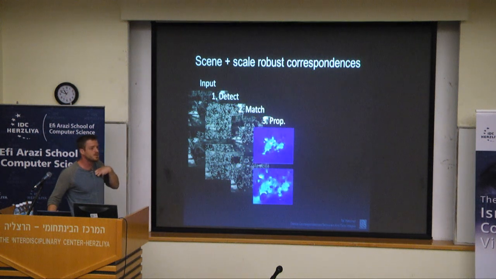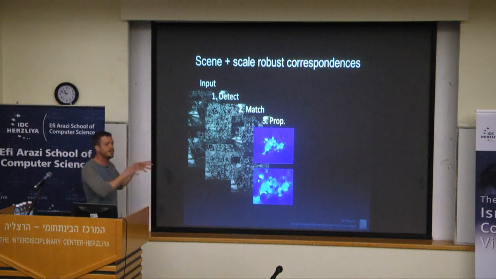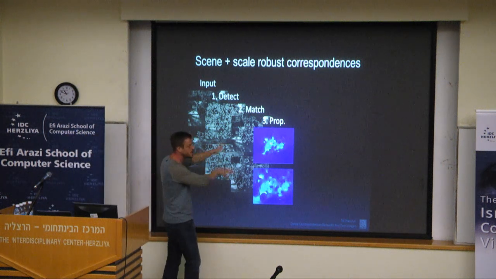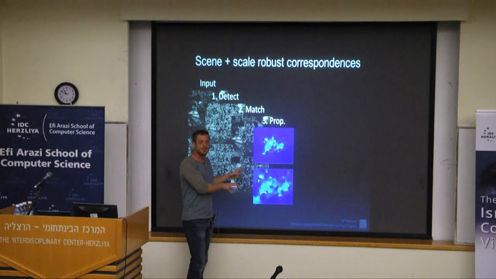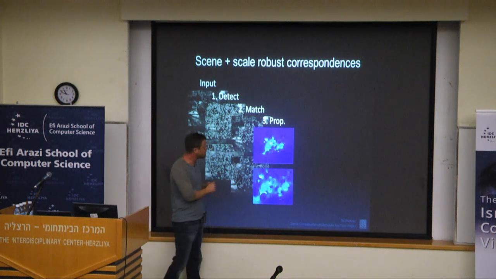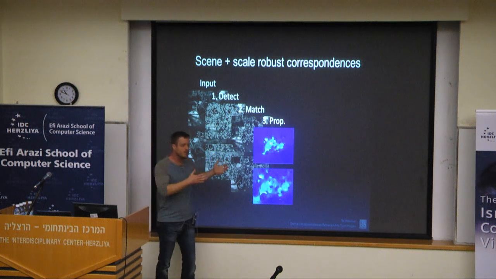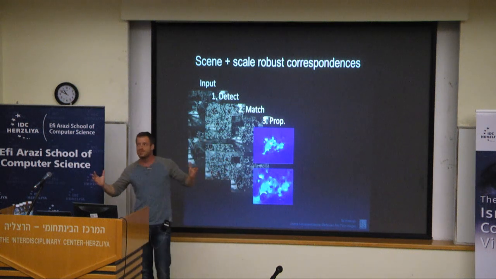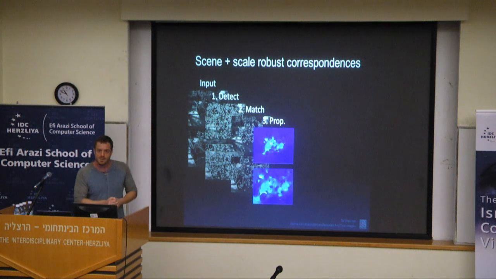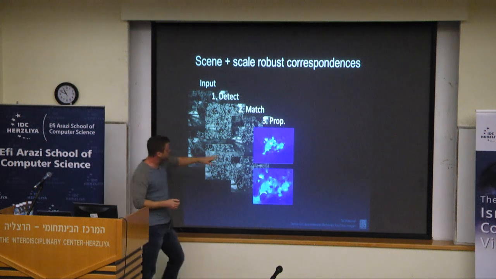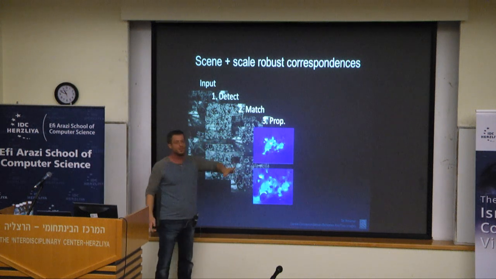Now, this, as far as I'm concerned, is the most important image of this whole presentation. What you're seeing here are the scale maps, the scale assignments for all the pixels in both these images. Color-coded, where warmer, redder colors are larger scales, and bluer, colder colors are smaller scales. And just by looking at these two images, you can learn three things.